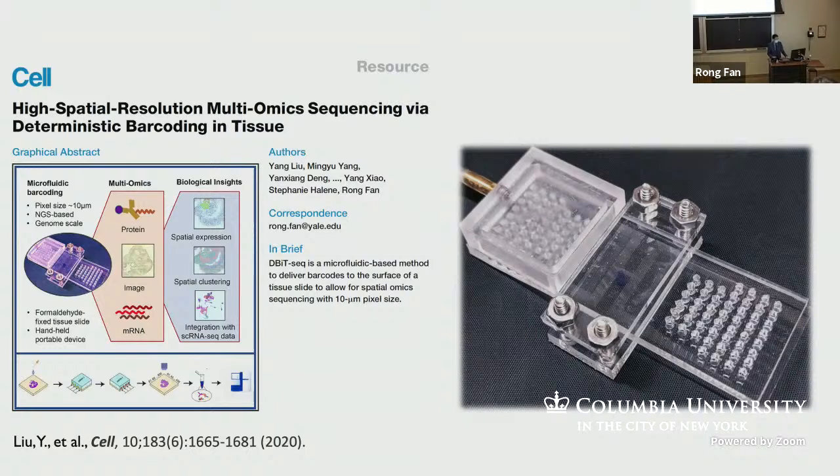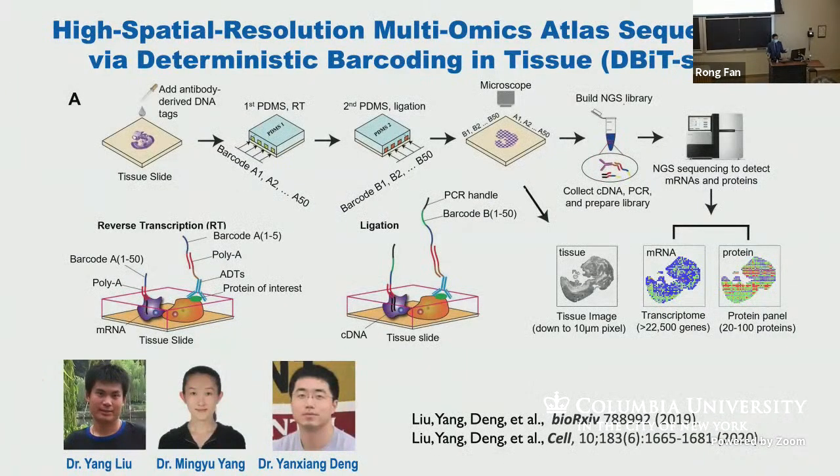How that actually works is shown in this diagram. You can take existing tissue on a glass slide. You don't have to bring your device to the microtome or the cryosectioning machine. You have existing tissue on the slide, and you put your microfluidic device on top of the tissue and introduce the first set of DNA barcodes, A1 to A50.